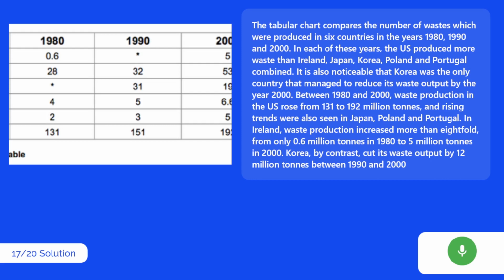Between 1980 and 2000, waste production in the US rose from 131 to 192 million tons, and rising trends were also seen in Japan, Poland and Portugal. In Ireland, waste production increased more than eightfold, from only 0.6 million tons in 1980 to 5 million tons in 2000. Korea, by contrast, cut its waste output by 12 million tons between 1990 and 2000.